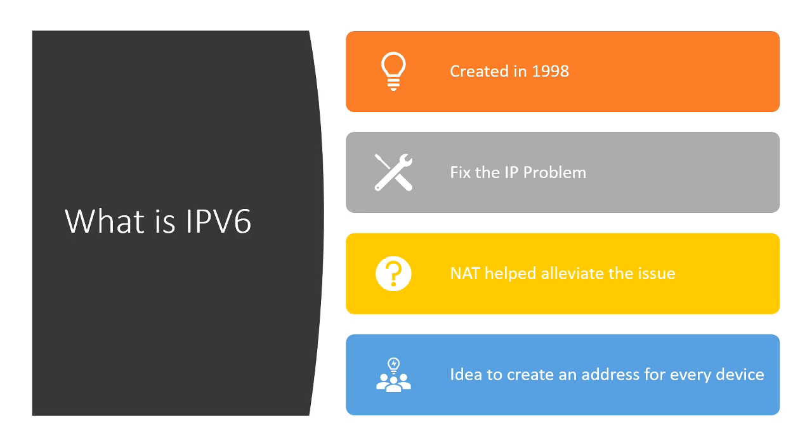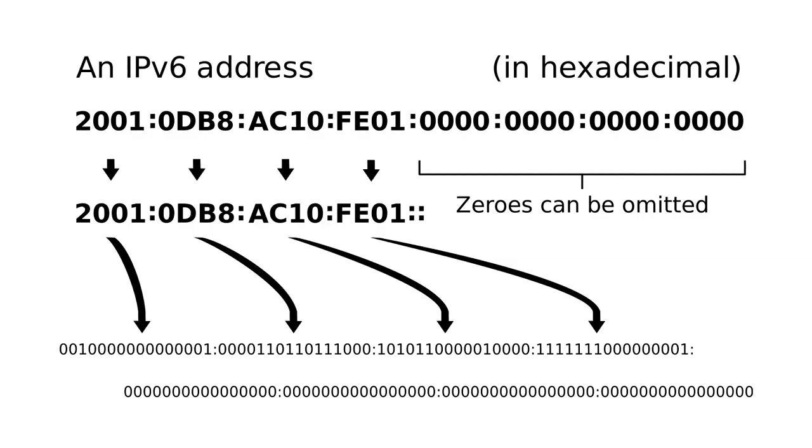So when we invented IPv6, the idea was everybody gets an IP address. Every computer that's connected in an environment can have a public IP address. So we wanted to make a really long number, like this. But we made it a little easier because you can abbreviate all those zeros, which makes it so much easier to read.